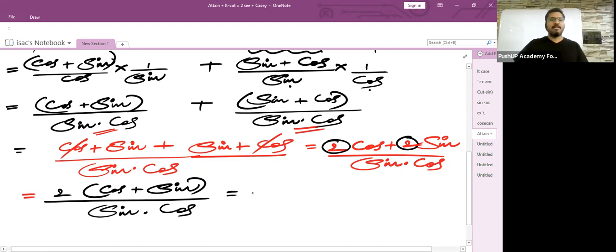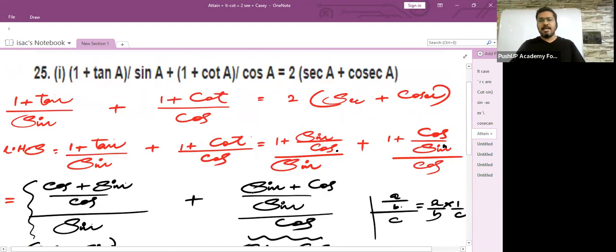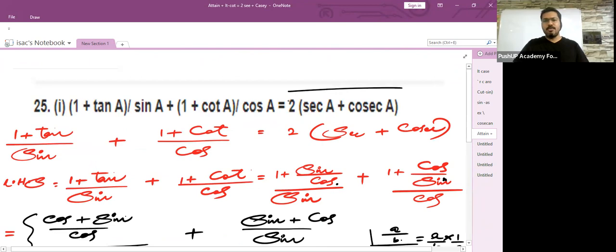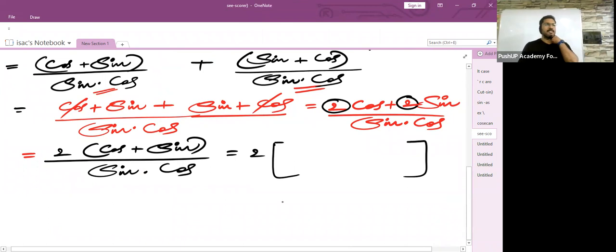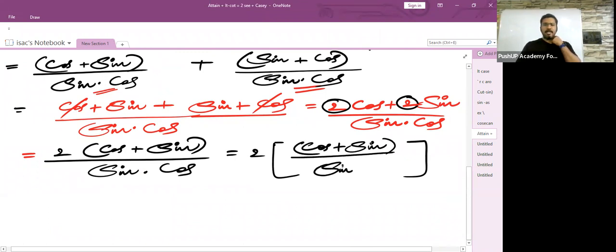Now, is this the required result? No. They are asking us to show it is equal to 2 into sec plus cosec. We haven't reached the result yet. Children, let's keep that 2 outside and bring all the trigonometric functions inside. So I will write cos plus sine divided by sine into cos.